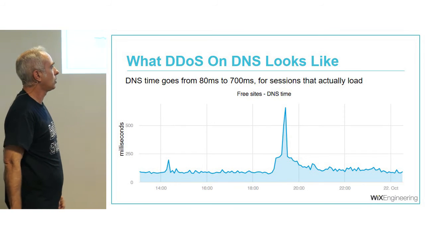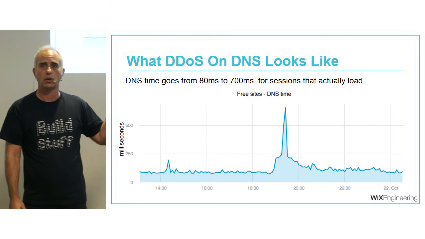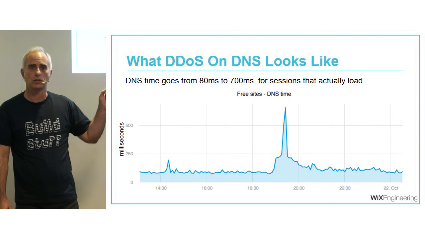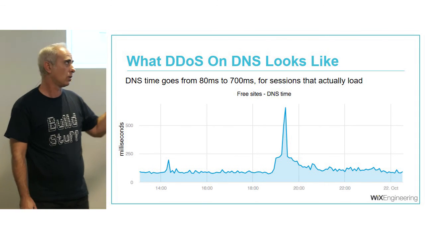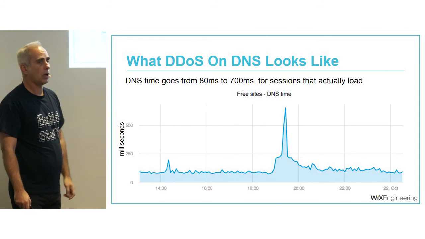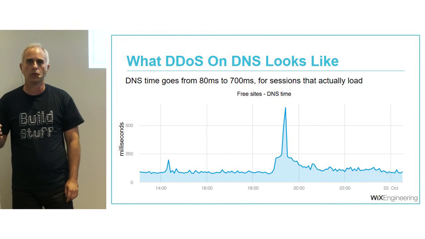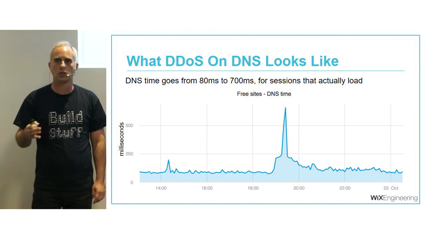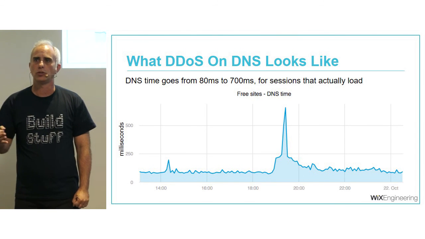So if you remember that DNS lookup time graph, this is what it looks like when the DNS is under a DDoS attack. And these are the reports from sessions that actually managed to load. So you can see the obvious spike. We saw the attack in our graphs literally within the minute of when it started, and we got alerts from our system within 10 minutes.